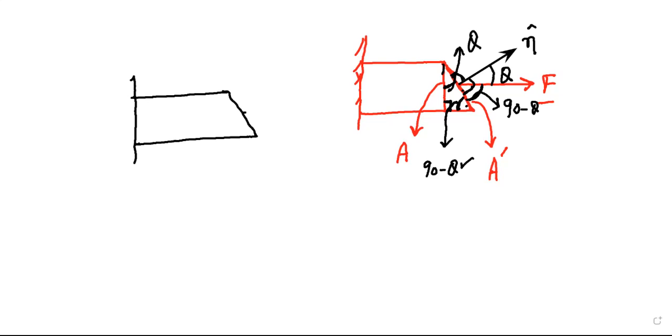We have force F acting in this direction, a unit normal to the area in this direction. This angle is theta, and this angle is also theta, while this area is A and this area is A prime.